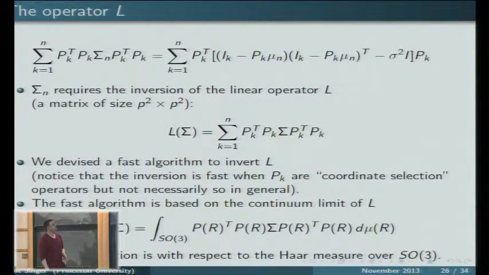Okay, so again, that's the fundamental equation that we are looking at. And we said this is a linear operator that acts on sigma. I will not show you now how we do it, but we actually have a fast algorithm to invert this operator L. It turns out that in this new basis, if you look at the continuum counterpart of L, that is, you take the limit of infinite number of images, and the rotation matrices are just uniformly distributed according to the Haar measure over SO3, then you end up with this integral operator for sigma.